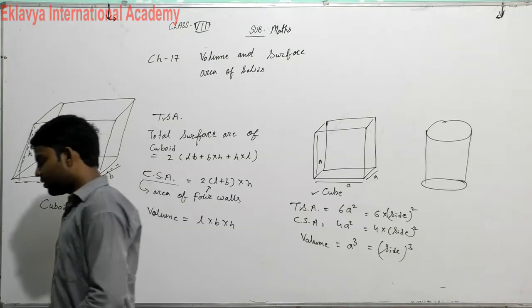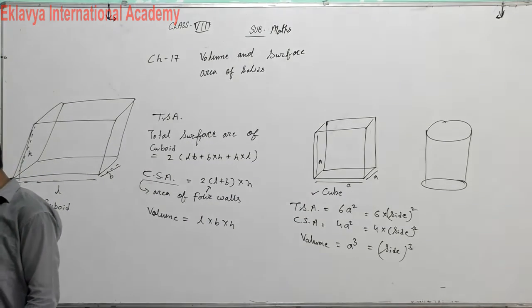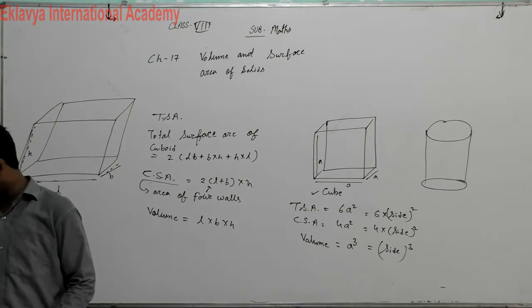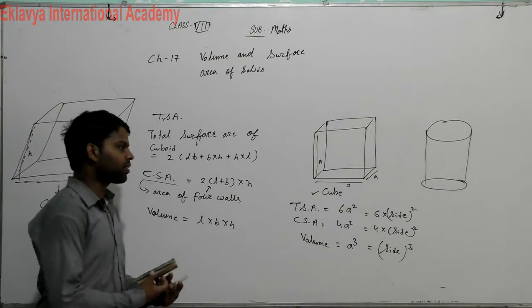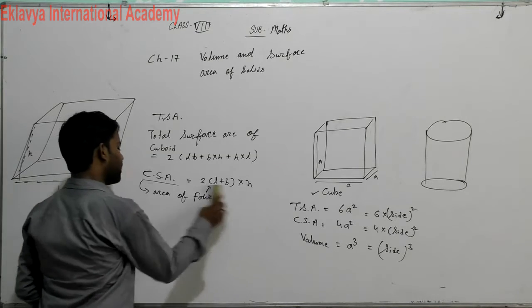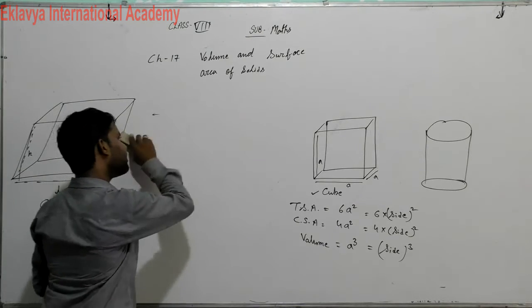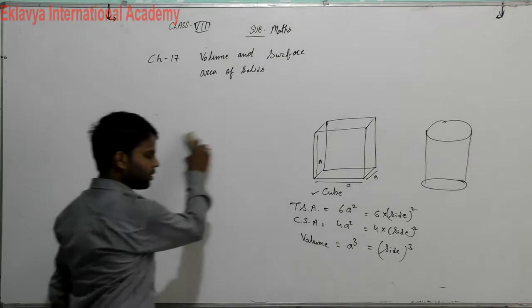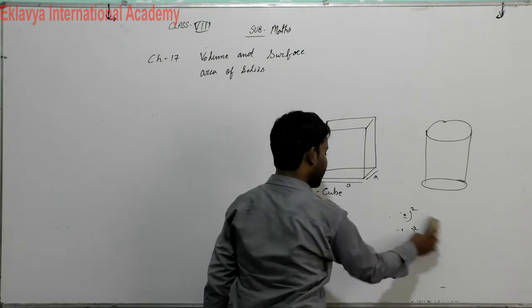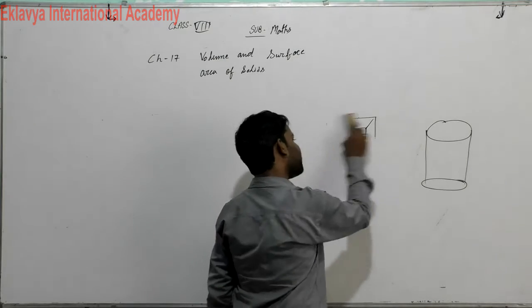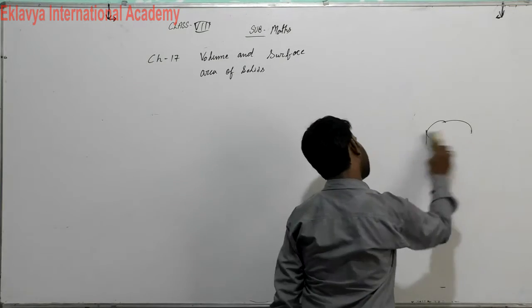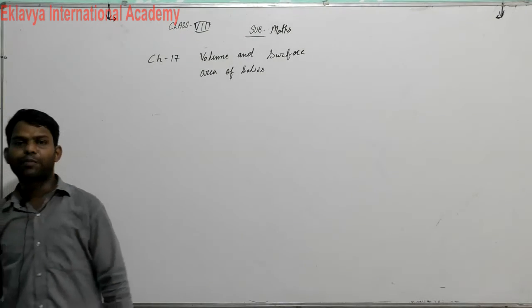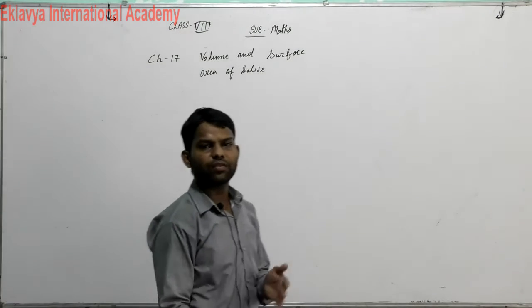See our questions in exercise 17A. Some questions are given like this. First question, find the total surface area. Here only surface area is given, and surface area always represents the total surface area.